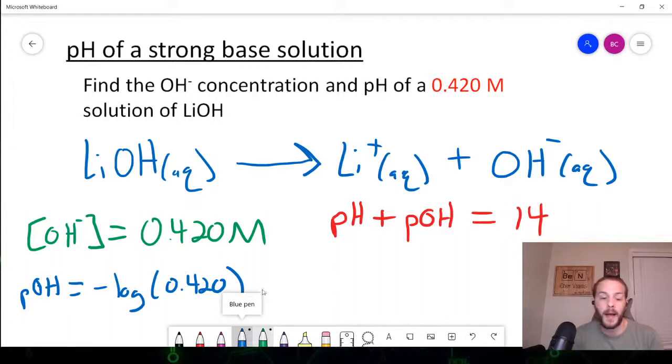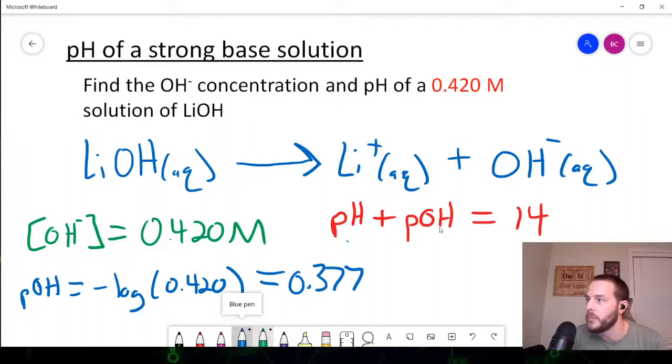Well, the number that I got was, and again, I'm inviting anybody who's watching this to follow along if you're interested, the number that I got for the pOH, not the pH, but the pOH, is 0.377, right? And then we can simply use this relationship between pH and pOH. The sum of them is equal to 14. We can use that to find the pH.